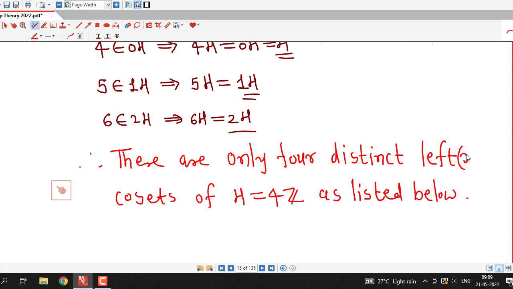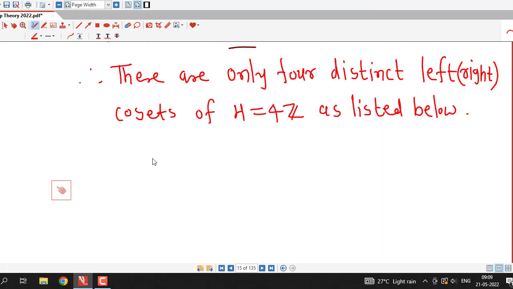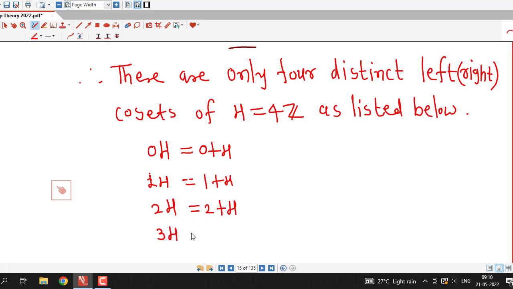And we can parallelly write for right cosets also. So those left or right cosets are, first one was 0h, or we can write 0 plus h, then 1h or 1 plus h, 2h or 2 plus h, and 3h or 3 plus h. And similarly, right cosets: 1h is equal to h1, that is h plus 1.